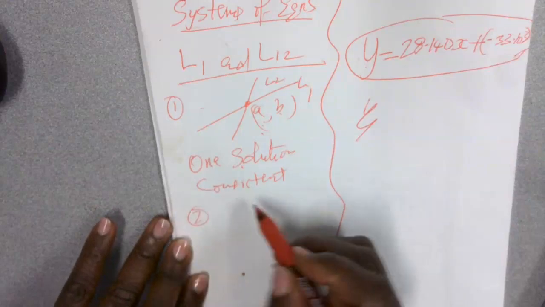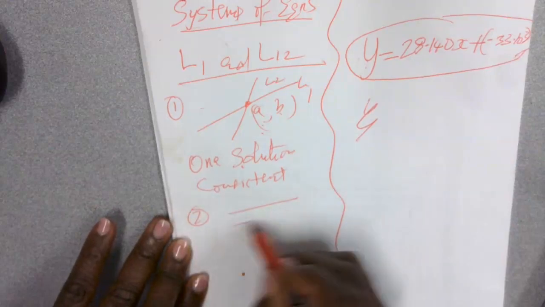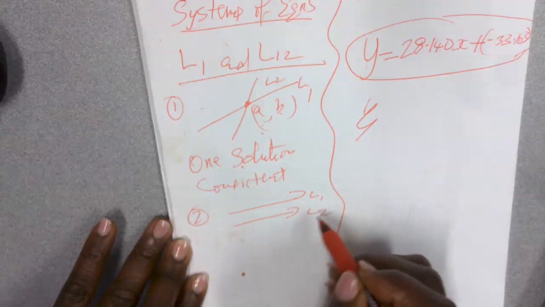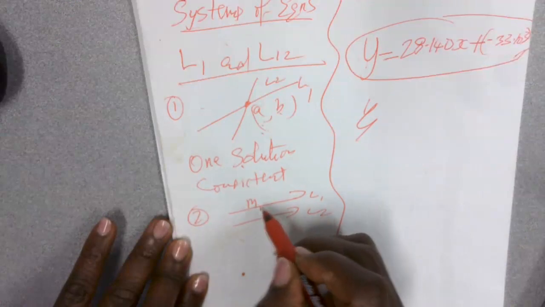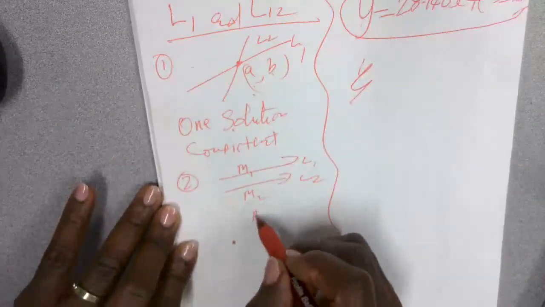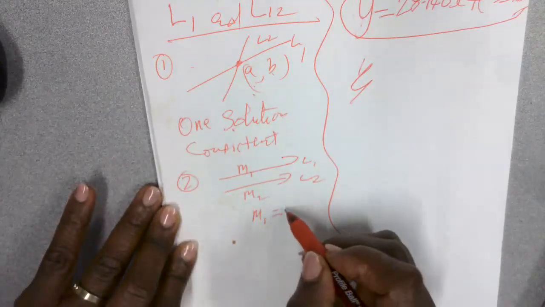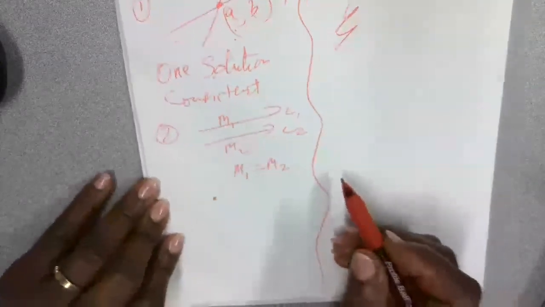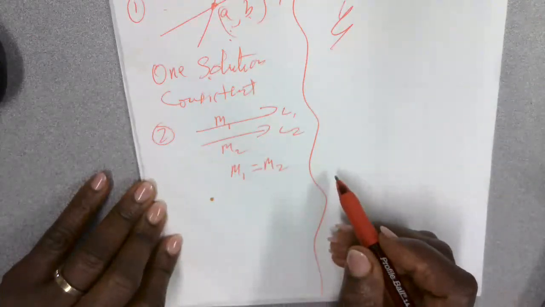Number 2, if L1 and L2 are parallel, which means the slope of line 1 is equal to the slope of line 2. Can you see? What does that say at the top? System of what?